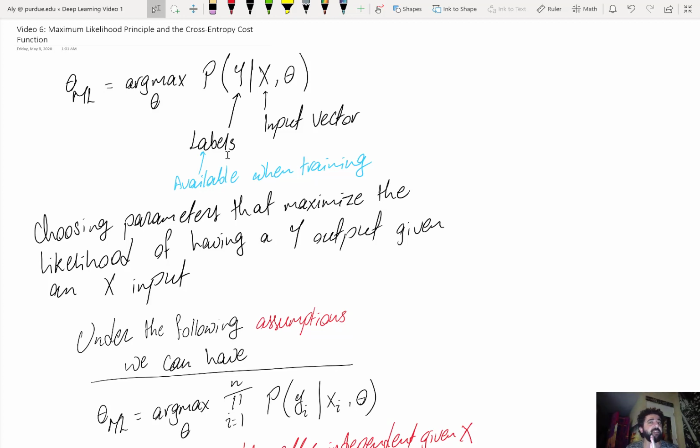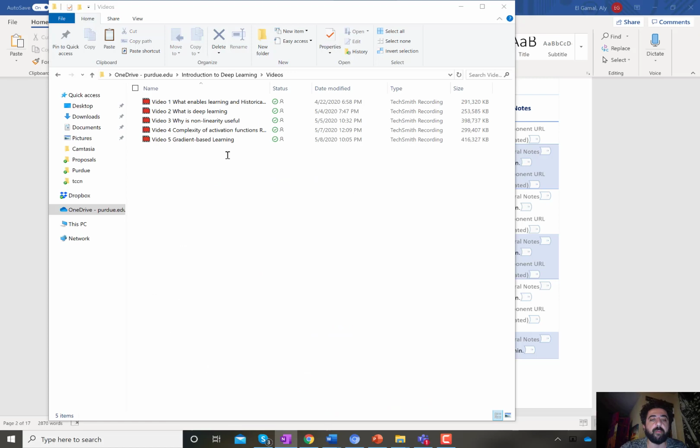So that means I choose the parameters that maximize the likelihood that my model will output the labels given to me in training, y, given the input x, right? So we choose these parameters.